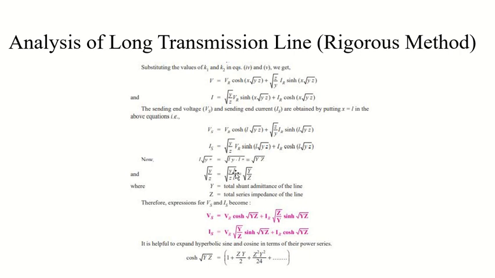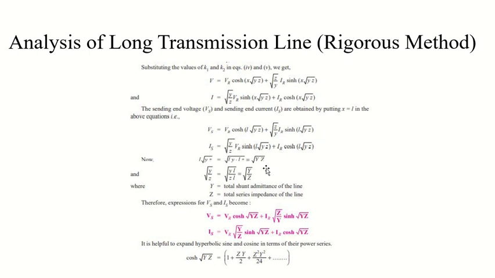So we multiplied and divided by l, and we got capital Y divided by capital Z. And what are capital Y and capital Z? Capital Y is the total shunt admittance of my whole line, and capital Z is the total series impedance of my whole line. So Y and Z are nothing but admittance and impedance.